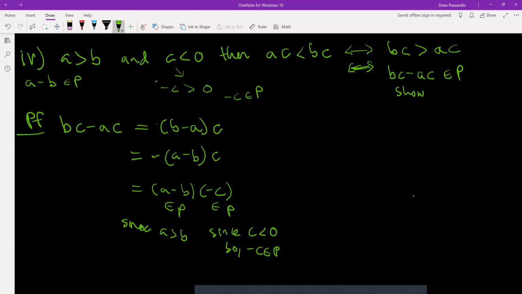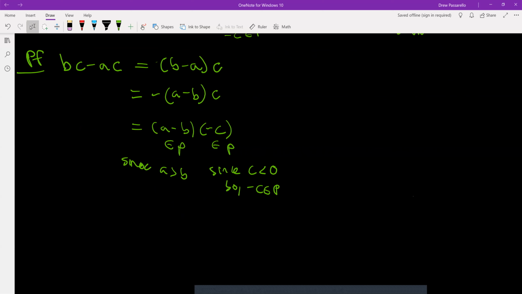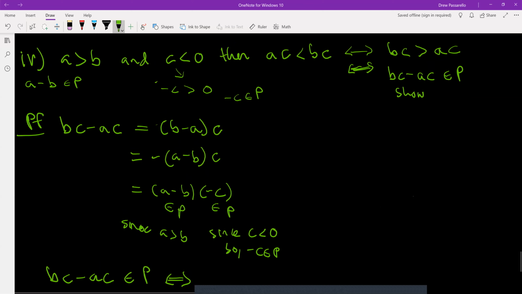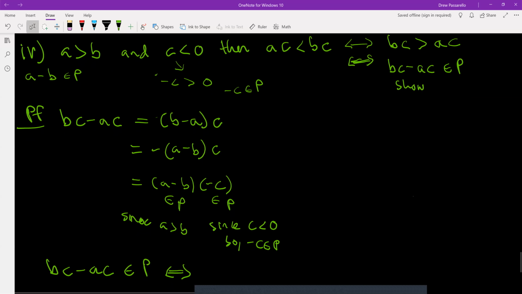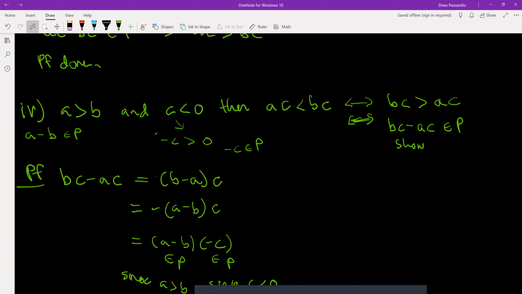So I have BC minus AC equal to a product of two elements that are in P. So that product is going to be in P, since the two elements it consists of are in P. All right, so that's if and only if. So that's going to imply BC is greater than AC, which is the same thing as stating AC less than BC.